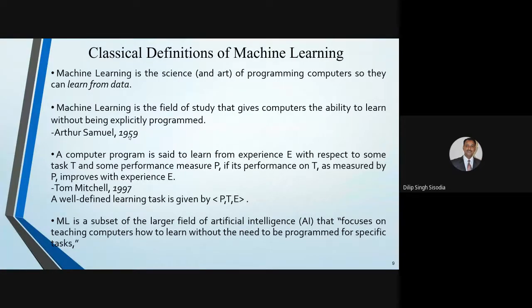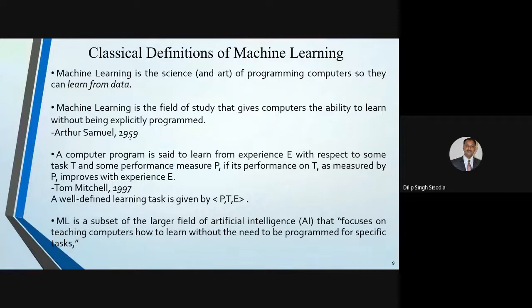Tom Mitchell, the author of a popular book on machine learning, defined a machine learning task as a triplet of P, T, and E, where a computer program is said to learn from experience E with respect to some task T and some performance measure P, if its performance on task T, as measured by P, improves with experience. So machine learning is defined as P, T, and E.